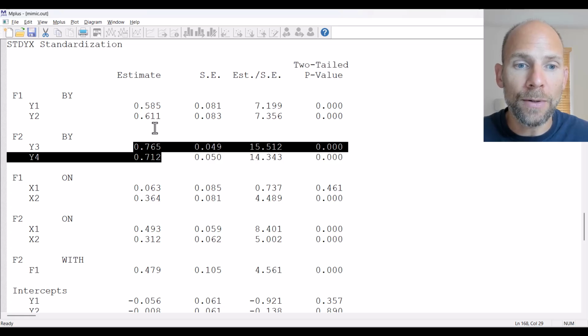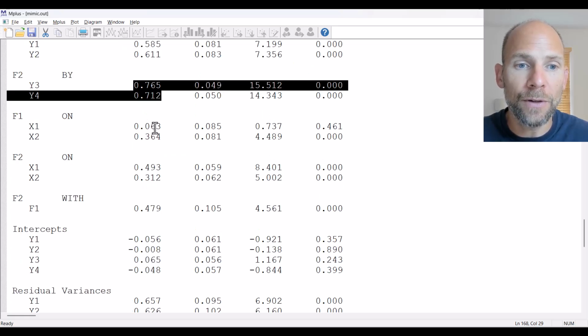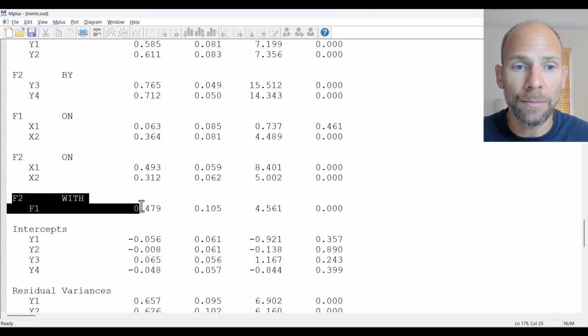And then we also get the standardized path coefficients for the regressions of the factors on the covariates that you can see here. And so those can be interpreted in terms of standard deviation units, which may be a little bit easier when the covariates and or the factors have an arbitrary metric that is not easily understood. And then also the standardized solution gives us the residual correlation between F1 and F2, which is more interpretable than the residual covariance.